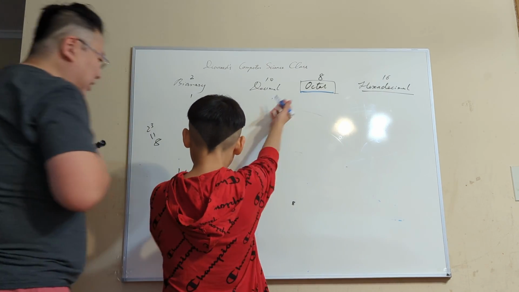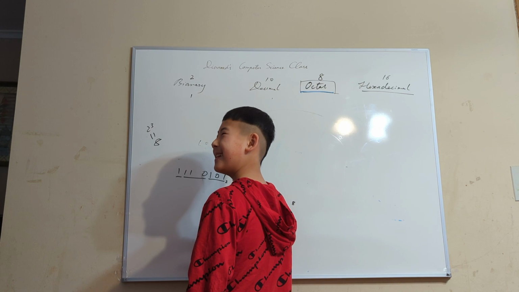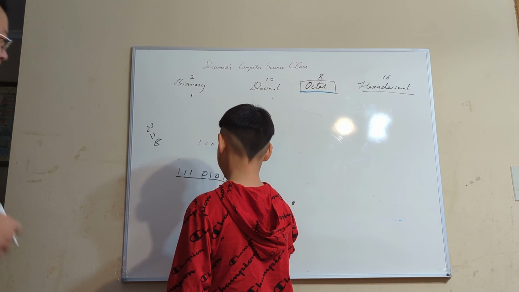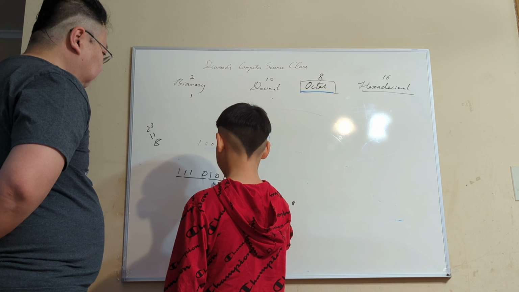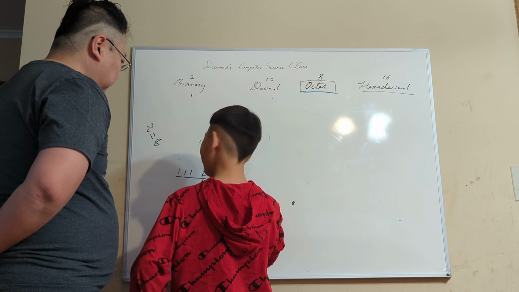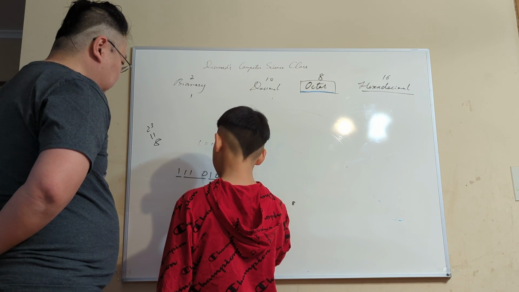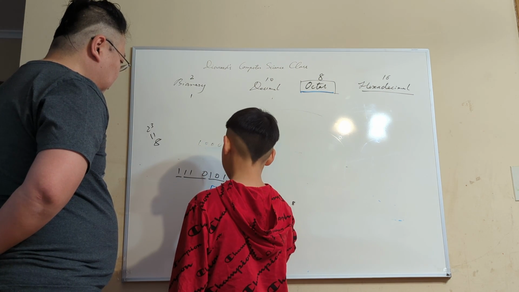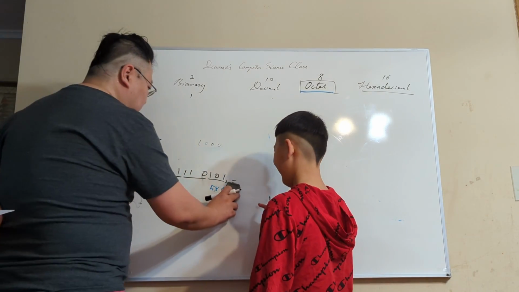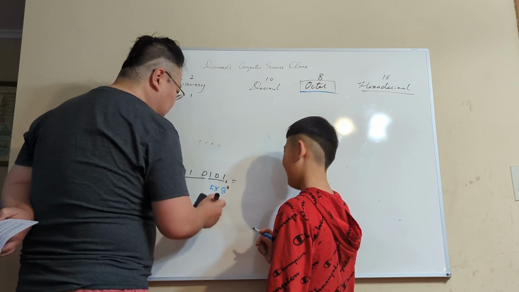Okay, so what do you get? There are 2 ones. Calculate by yourself. This is 5, yes, 5. This is the last one, it's 0.